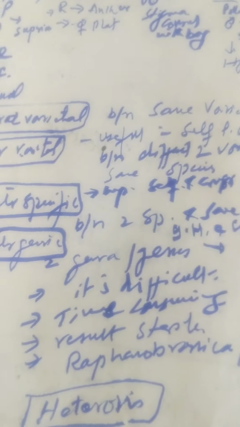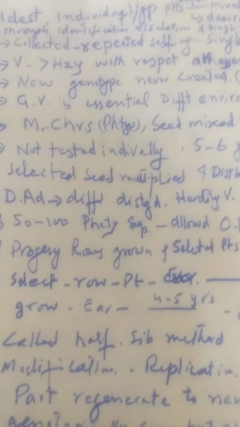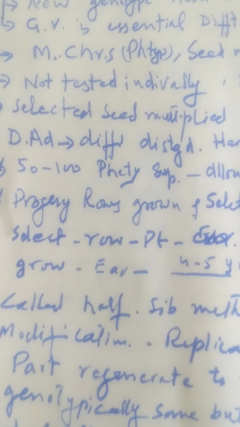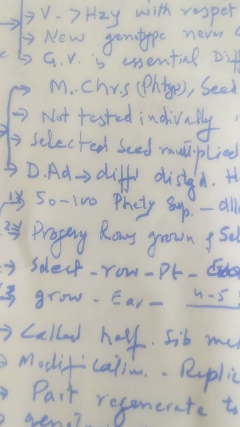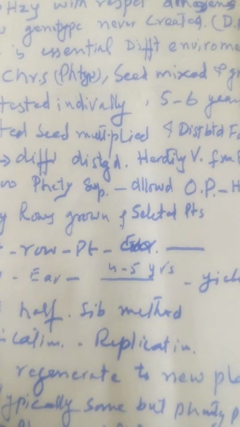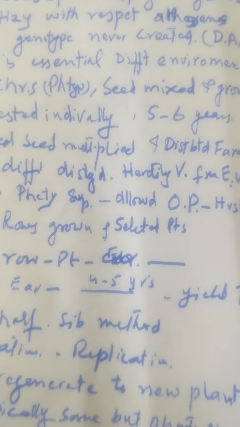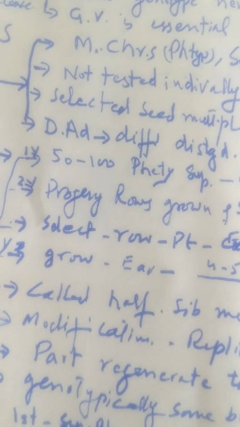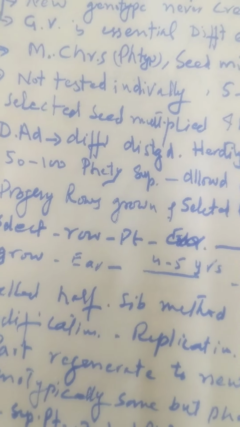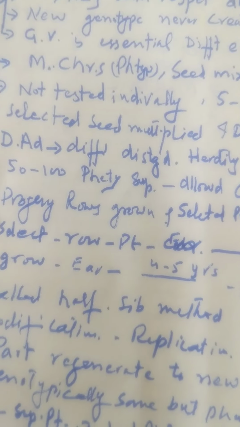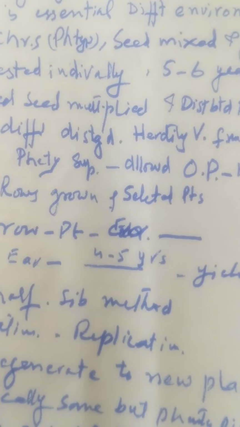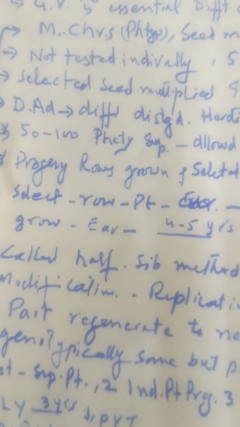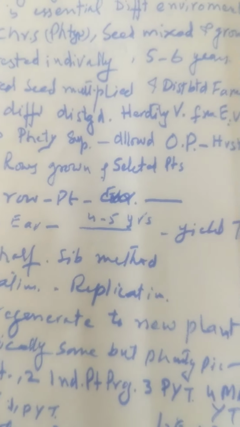Then next is progeny selection. There 50 to 100 phenotypically superior plants are selected and allowed to open pollinate, then harvested, and then progenies are grown in rows, and the best plants are selected.